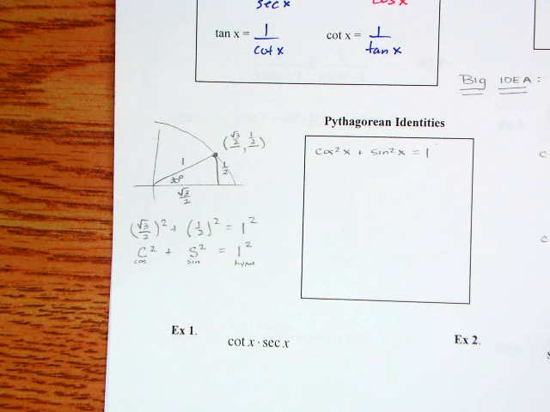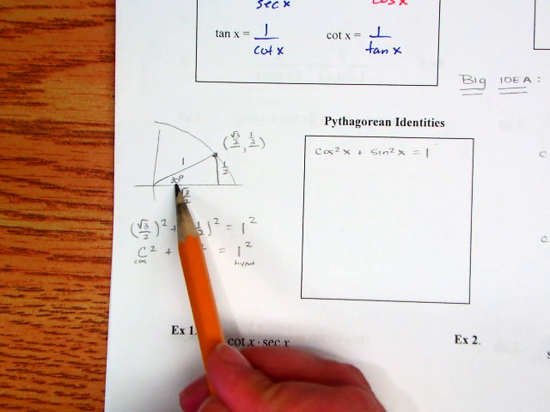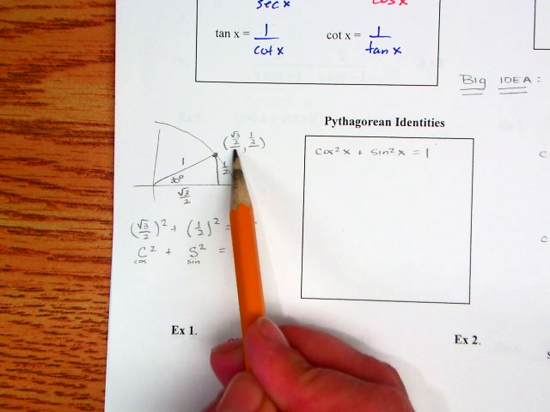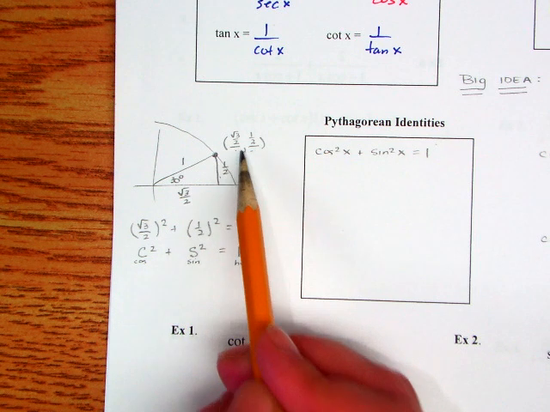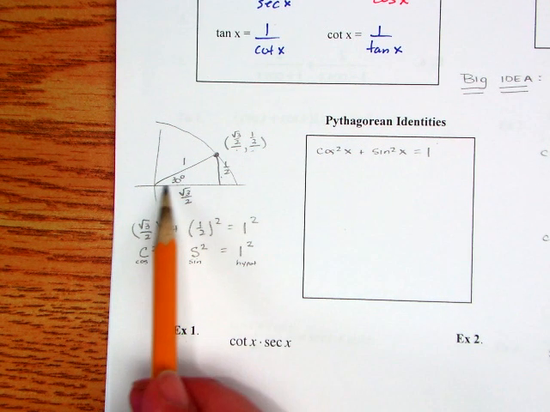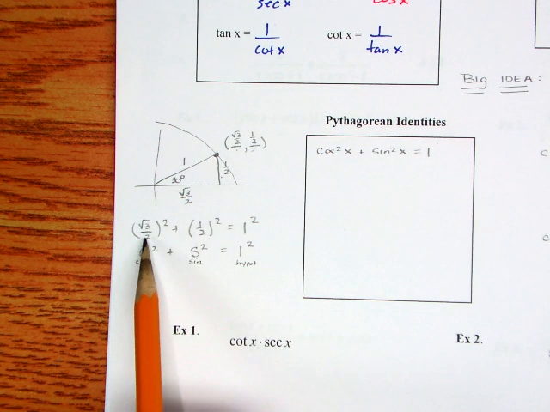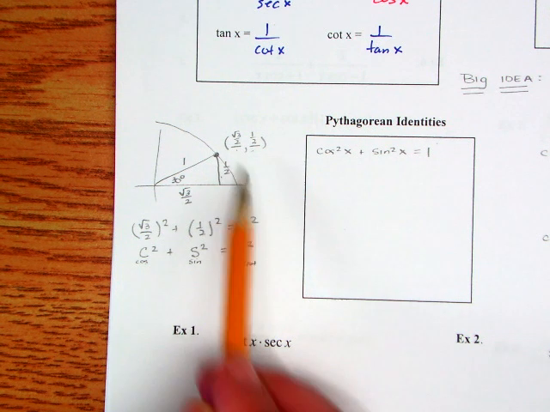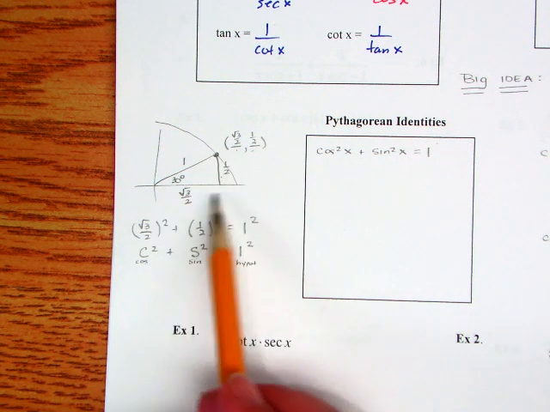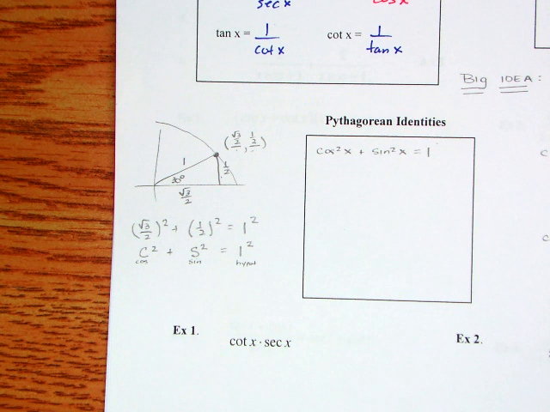We also learned on the unit circle that if we want to talk about what is the cosine at 30 degrees, it's the x value. What is the sine at 30 degrees? It is the y value. So if we think about the triangle that we've drawn, root 3 over 2 squared plus 1/2 squared is equal to 1 squared. That's the Pythagorean theorem for this actual triangle.